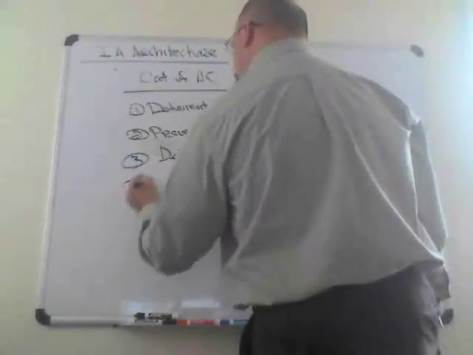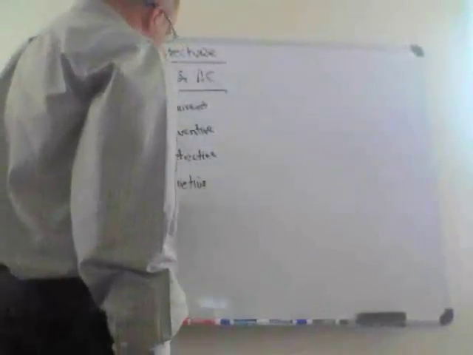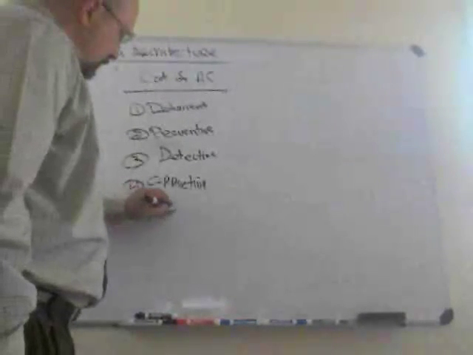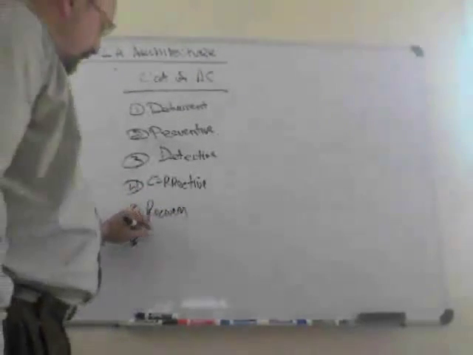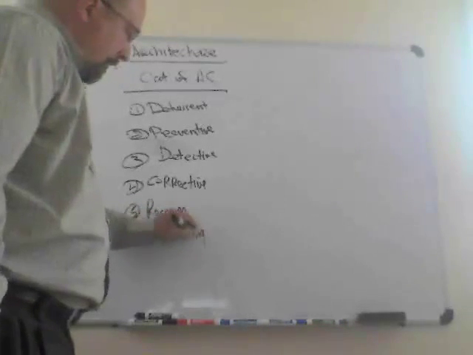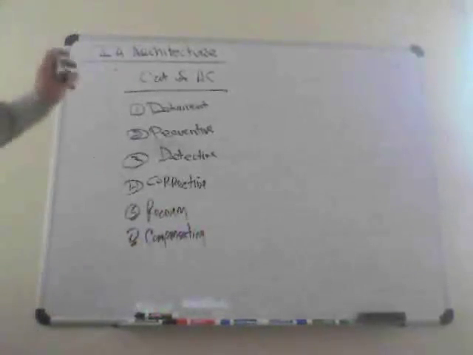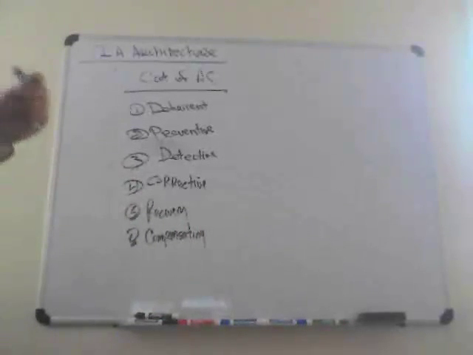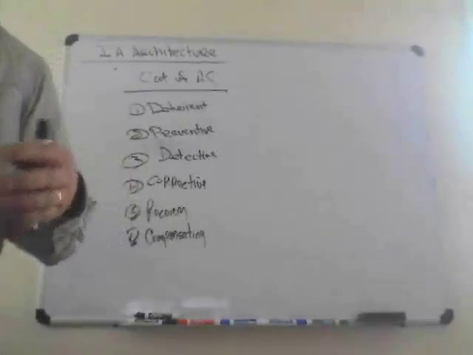The fourth is corrective. The fifth is recovery. And the sixth is compensating. So you could break it down into these six: deterrence, prevention, detective, corrective, recovery, and compensating. But that doesn't mean that's the only way of doing it.